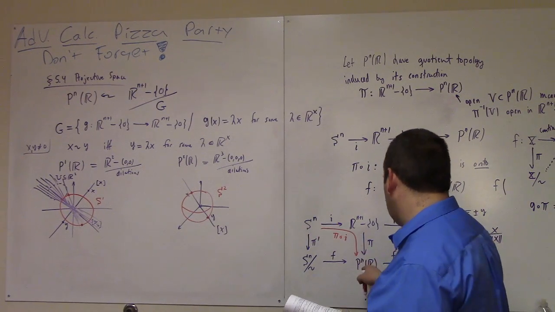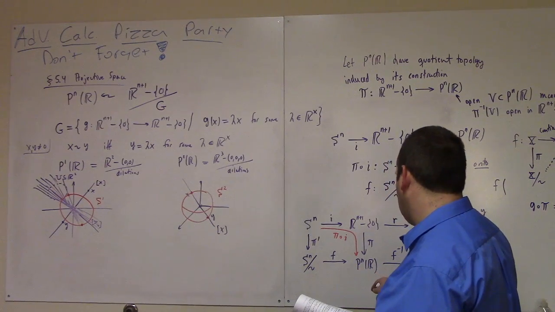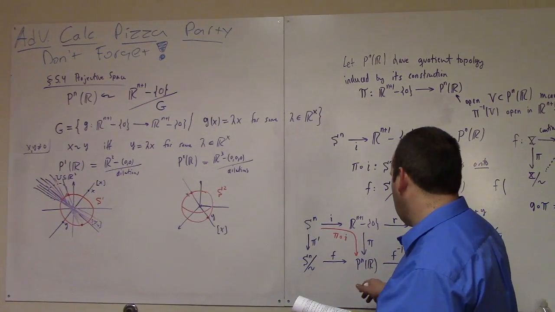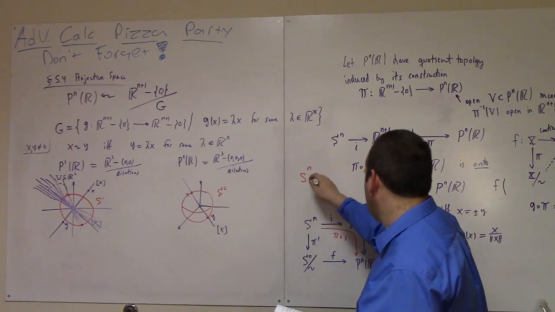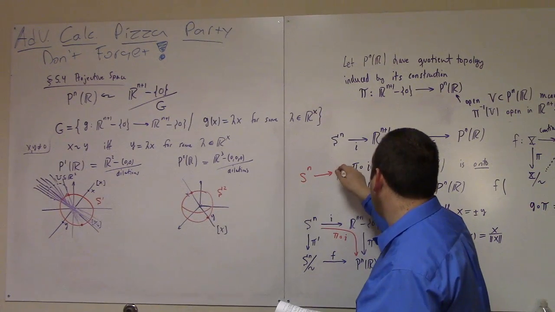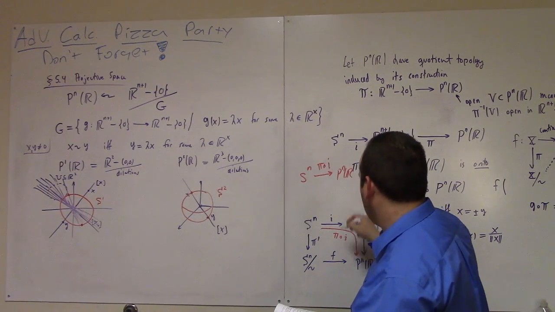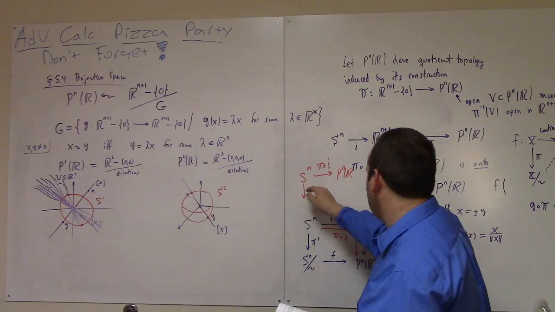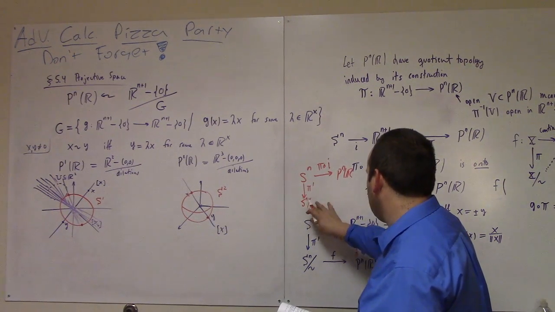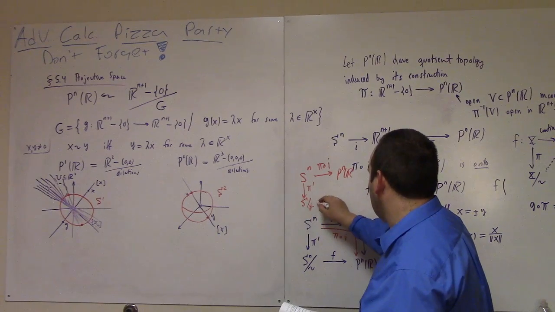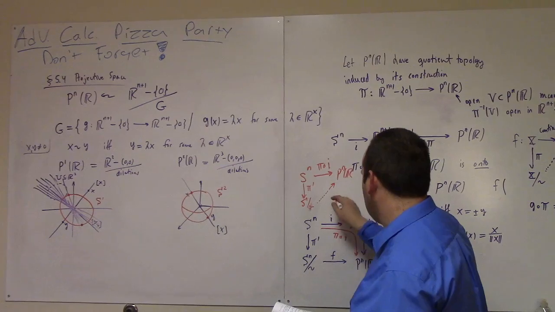So that's continuous. You can look at Sn to Pn, this map. Then you have the projection pi prime down to Sn mod tilde. So by that universal property we get this mapping here, which is called F.